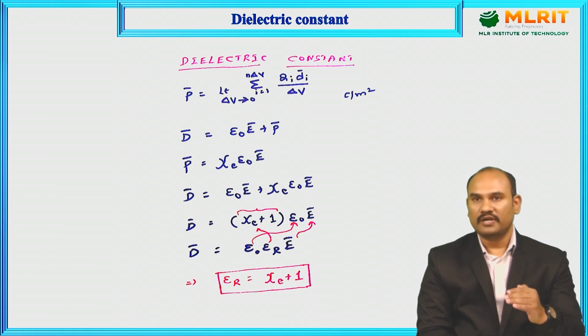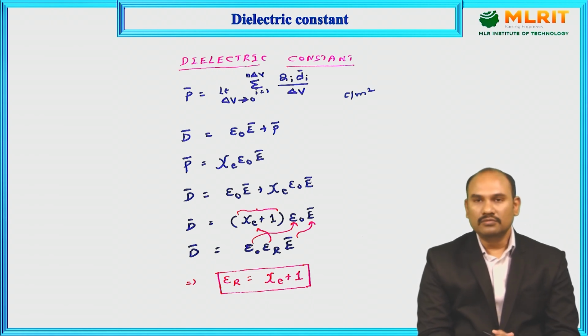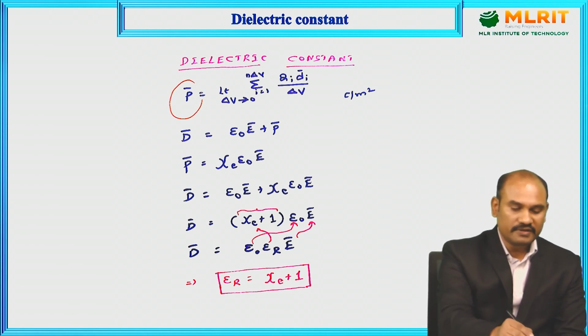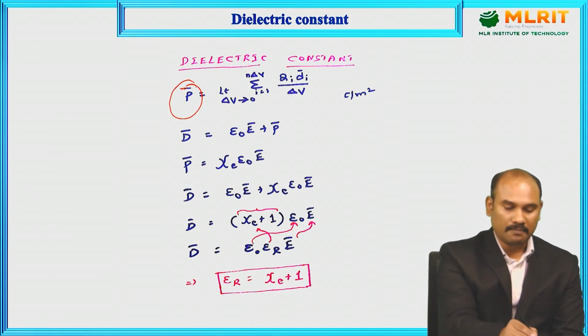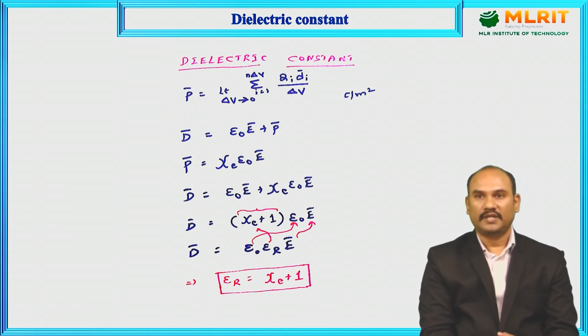Now we are going to understand it in a mathematical sense. Now, what happens if you try to polarize a dielectric material? Because the discussion starts with P bar. P stands for polarization. It's a vector, so I have kept a bar here. Now, what is polarization? Again, we have to discuss some background.